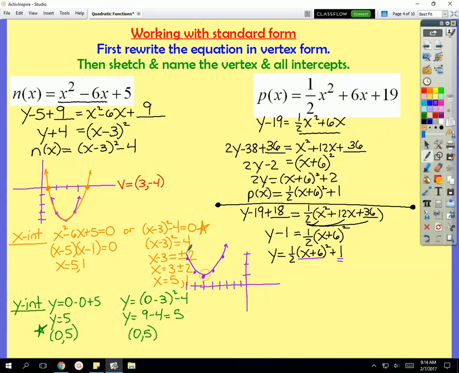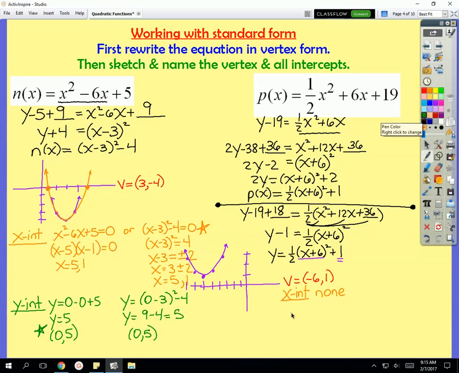Oh, I tell you what, I'm liking this problem because the rest of my work is going to be really easy. Again, I can see the vertex is at (-6, 1). I've already used that. I like this problem because the x-intercepts are often the most cumbersome or time-consuming thing to do. And I can see from this parabola, which opens up and hovers above the x-axis, there is no x-intercept. I like that.